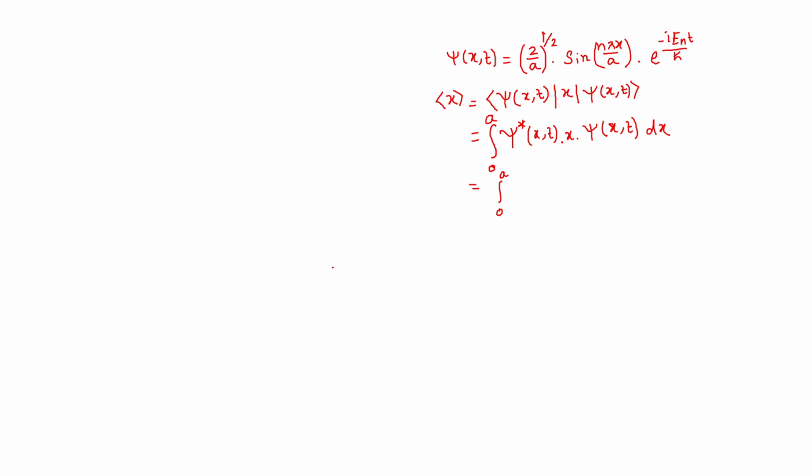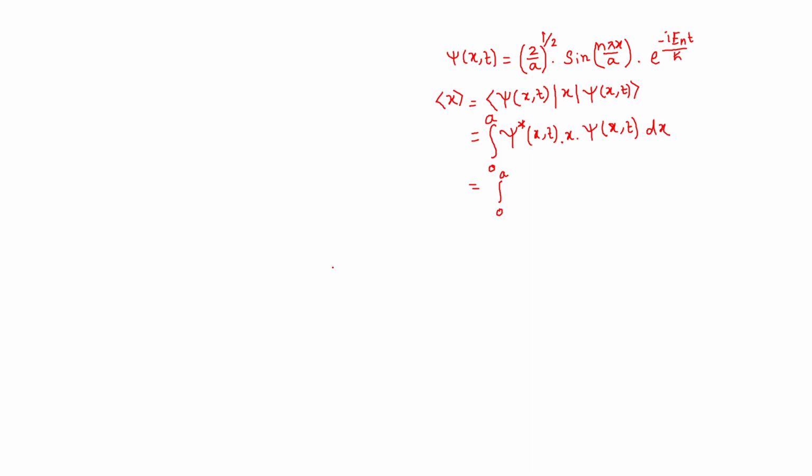And what about the second one? Just imagine we are integrating this cos(2nπx/a) twice. In the first one, cos will give you sine. And when you are integrating this sine again, it will give you cos, right?